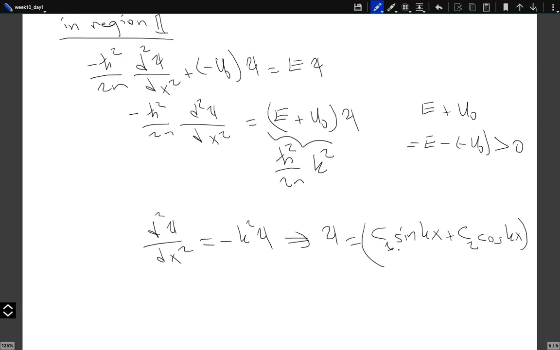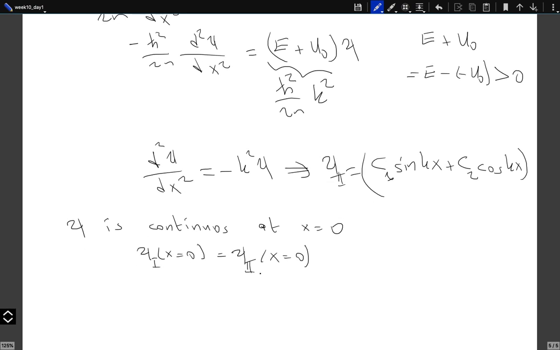If you like, you can just continue along this line. Wave function should be continuous at x is equal to 0, which basically means that psi1 at x is equal to 0 should be equal to psi2 at x is equal to 0.